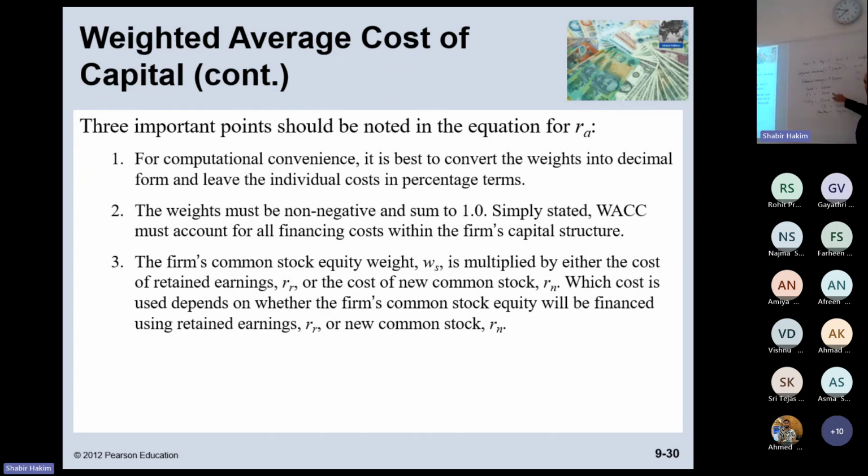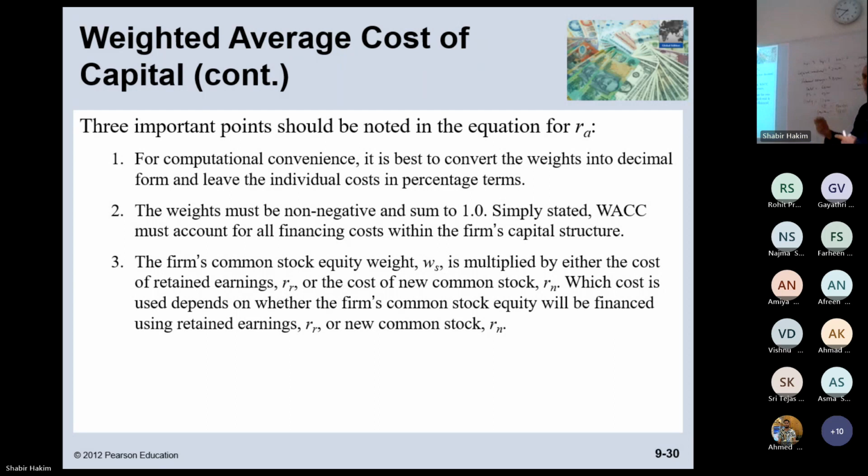Preferred stock is again 0.1. Retained earnings is 0.4: 40% of the new investment will be financed by retained earnings. The remaining 20% will have to be raised by issuing new common stock, so the weight of the new issue will be 0.2.